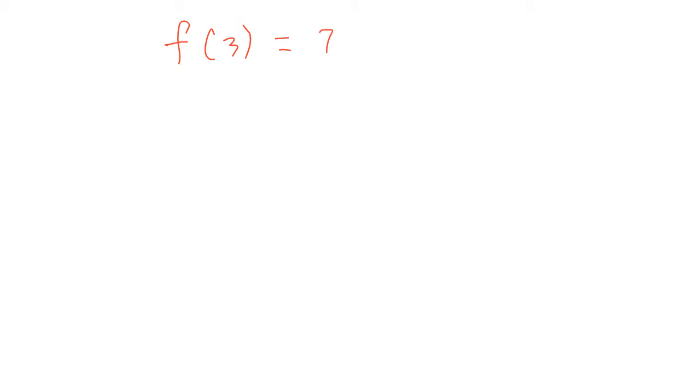Now we will calculate f of 4 to see if in between these two values you have a zero or not by using the theorem. So we will use the same function. Our function f of x is equal to x cubed minus 2x squared minus x plus 1.